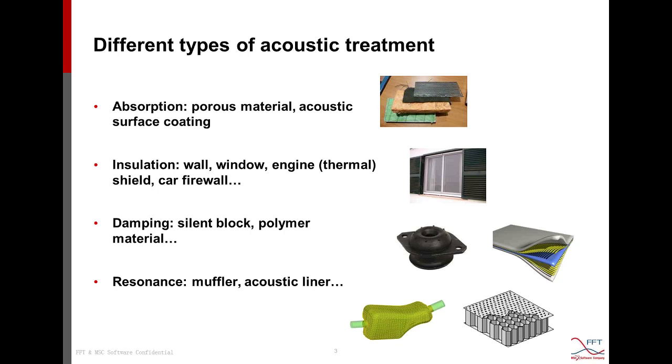So typical devices are the mufflers and the acoustic liner in the aircraft industry, acoustic liner in the nacelle design. So we'll look at this example in a slide later on.